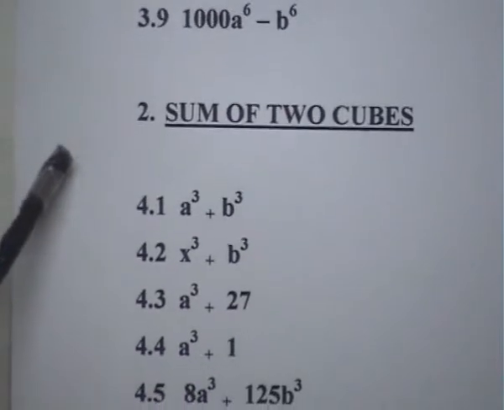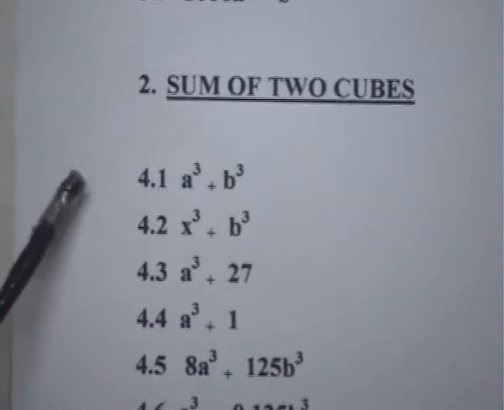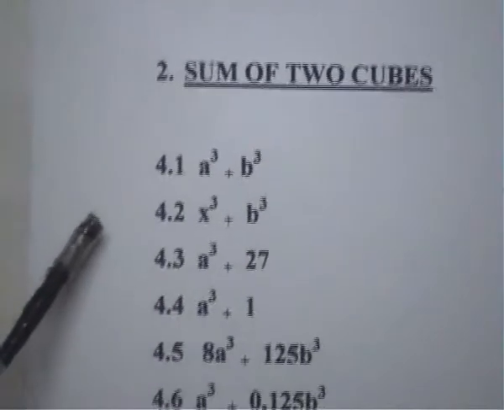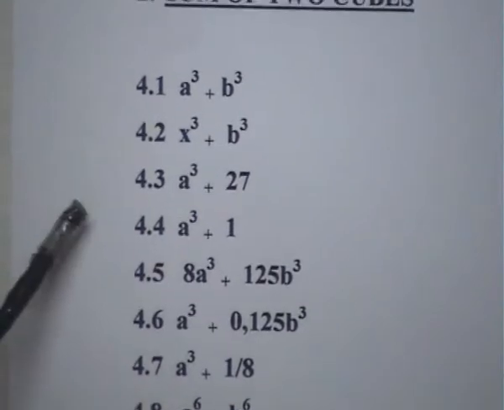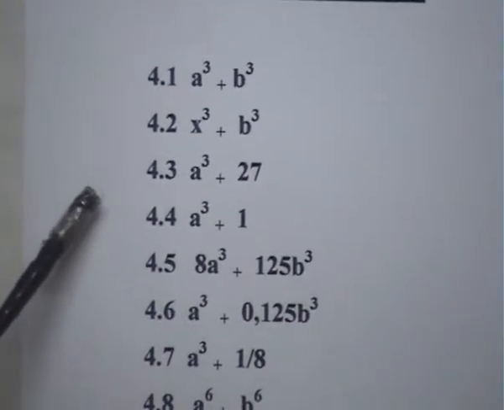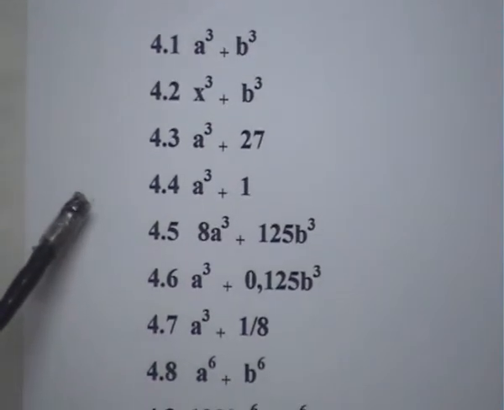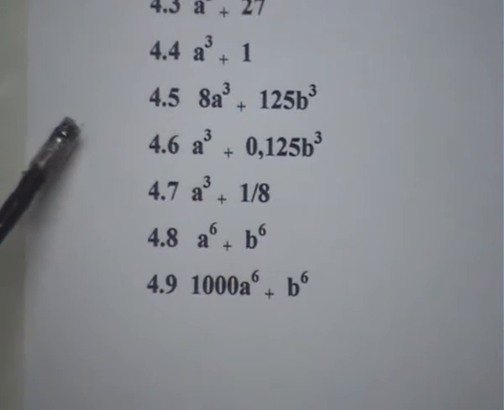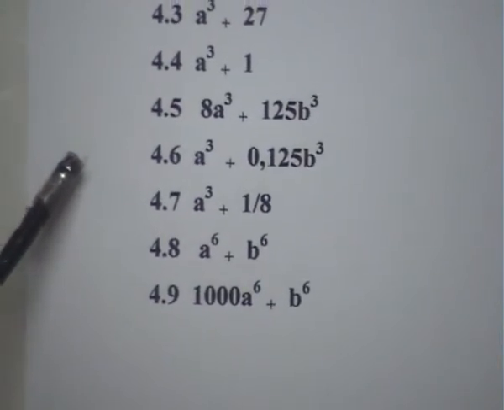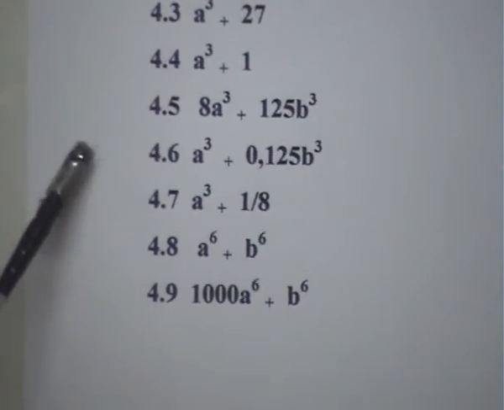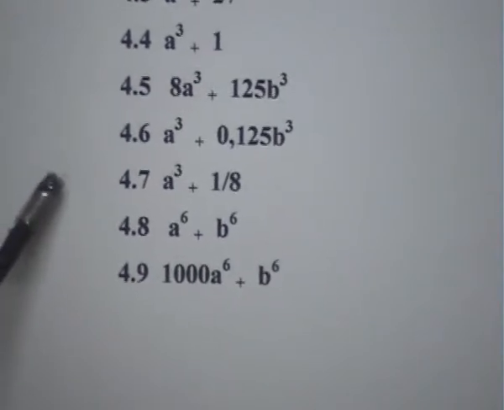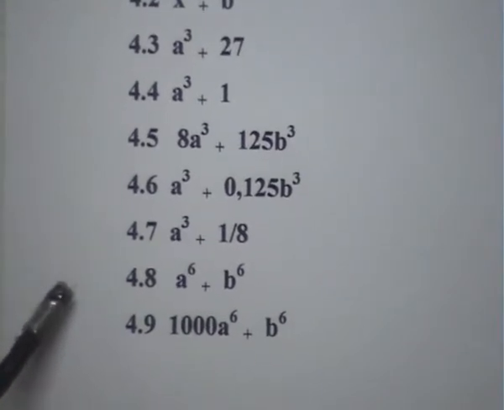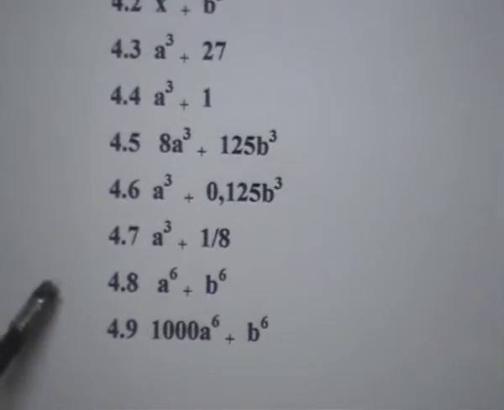Now we'll go on to more examples on sum of two cubes. 4.1, a cubed plus b cubed. 4.2, x cubed plus b cubed. 4.3, a cubed plus 27. 4.4, a cubed plus 1. 4.5, 8a cubed plus 125b cubed. 4.6, a cubed plus 0,125b cubed. 4.7, a cubed plus 1 over 8. 4.8, a to the 6 plus b to the 6.